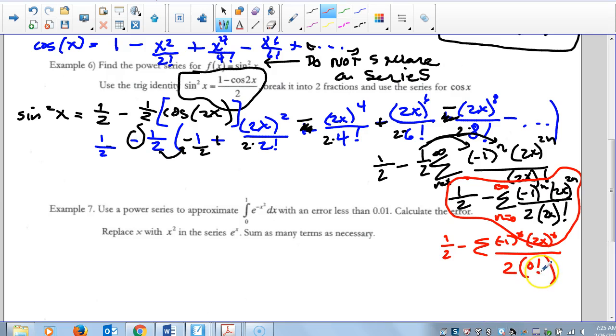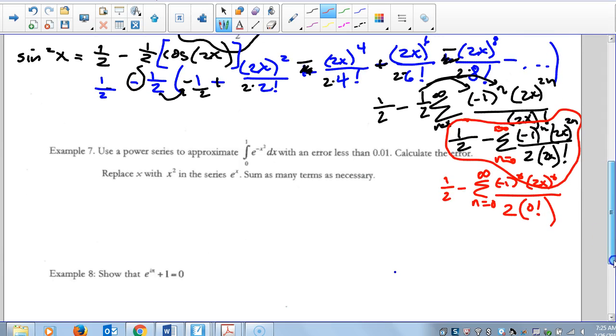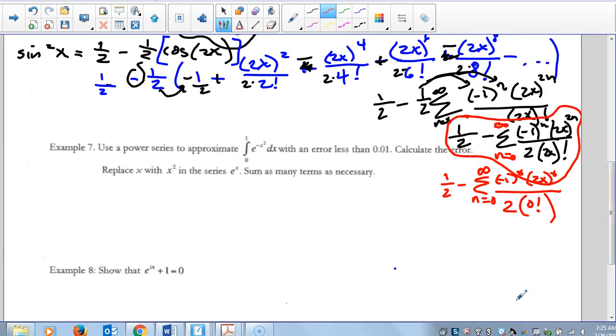And 0 factorial is 1. Someday I will show you why that is 1. It's great fun. You can also Google it. You can also look up YouTube. There are some fun videos. They do it sometimes in general. Sometimes they just suggest a pattern. But this will give you that first number, which is 1/2. Everything else is going to cancel for this. So it's going to be minus 1/2. And then you're going to generate the rest of the series. So check it out. Make sure it works for the first term.